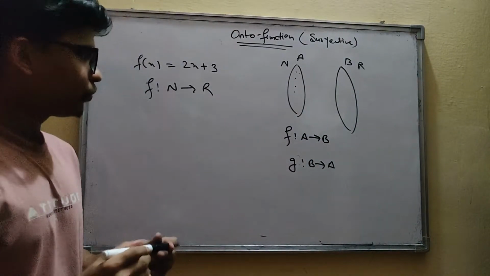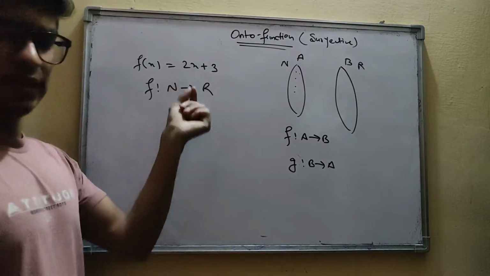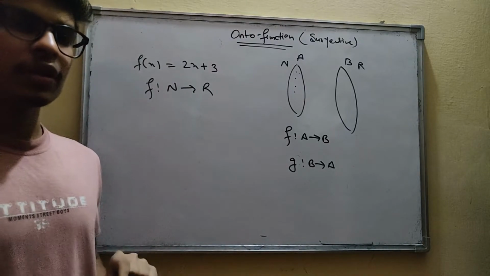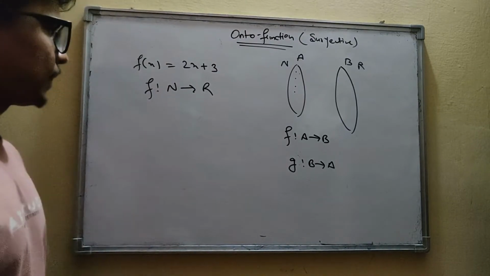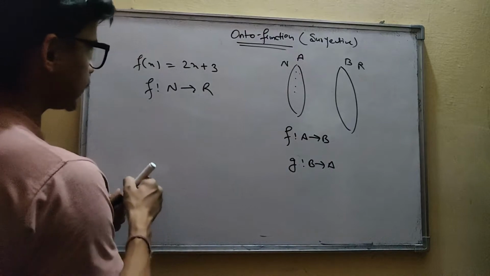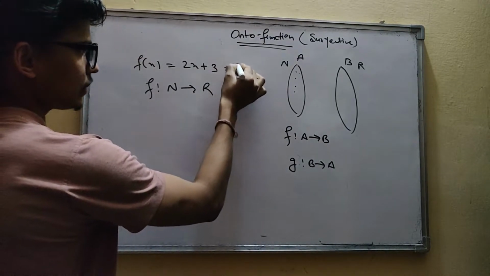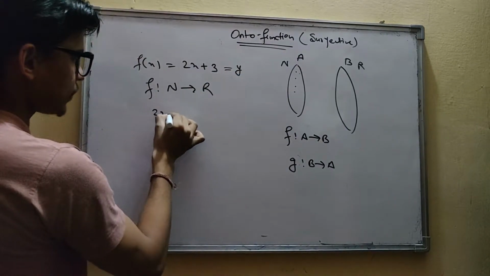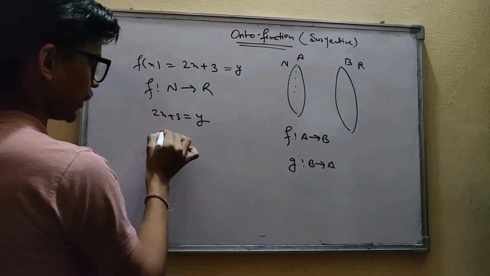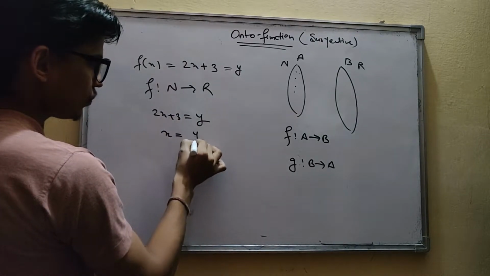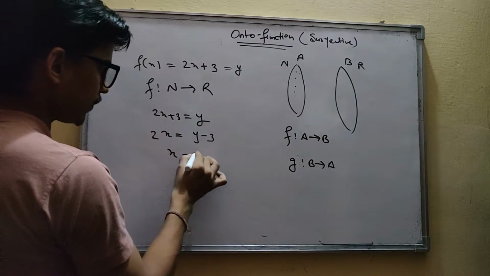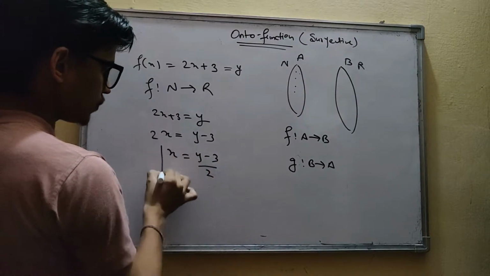If you put any value of x as a natural number, then f(x) is going to be a real number, right? Now what is the criterion? You just put 2x plus 3 as y, and now the value of x is going to be (y minus 3) upon 2. This is what we get.